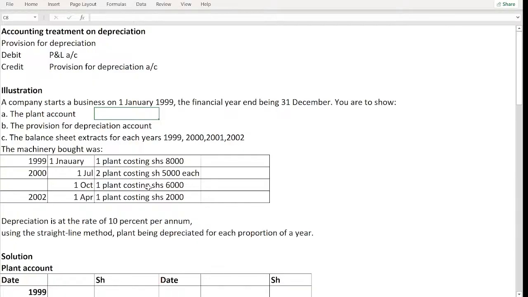For the solutions, I'd like you to take a snippet of the questions so that you can move together. So I think you have done that. So let's find the solutions. We are being told to prepare the plant account. So let's start with the plant account.